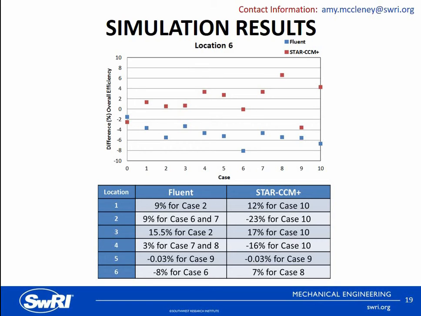For oil and water concentrations inside the separator, you can see the table that is located on the slide. The largest difference, 23%, was seen for case 10 at location 2 for STAR-CCM Plus. Looking at the graph overall though, Fluent tended to underpredict the experimental separation efficiency, while STAR-CCM Plus tended to overpredict the result.